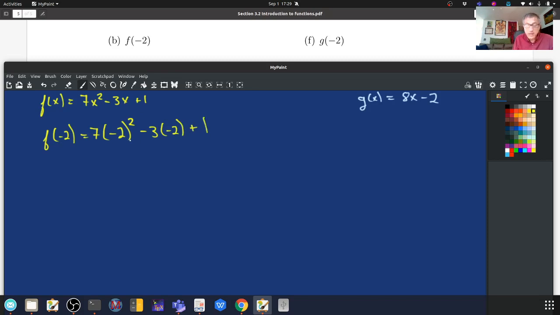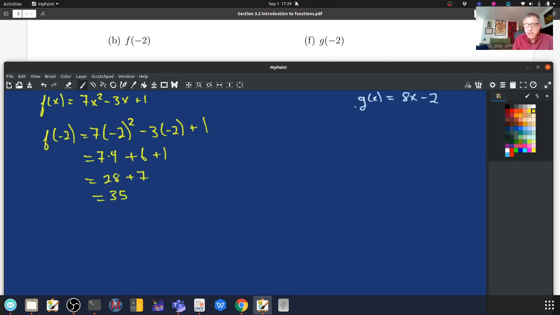So if there's a minus already there, if that 3 wasn't there and I had just a minus x, you still have to replace the x with a minus 2. It has to bring its minus along with it. So that's 7 times minus 2 squared, which is 4, and minus 3 times minus 2 is plus 6, plus 1. So this is equal to 28 plus 7, which is equal to 35.